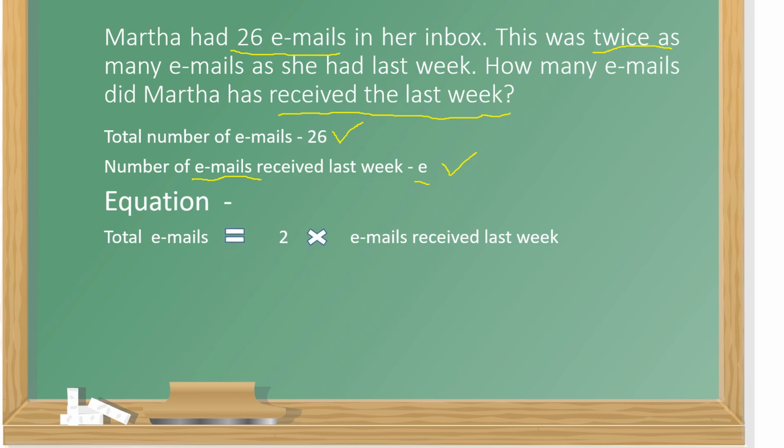I will use a sign of multiplication because it says twice. When you say twice, twice means 2 times. So total emails is 2 times the emails received last week. So I have 26 equals 2 times E as my final equation.